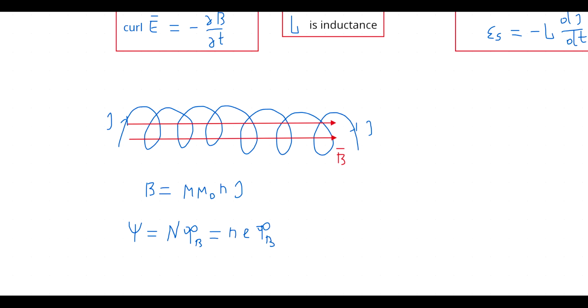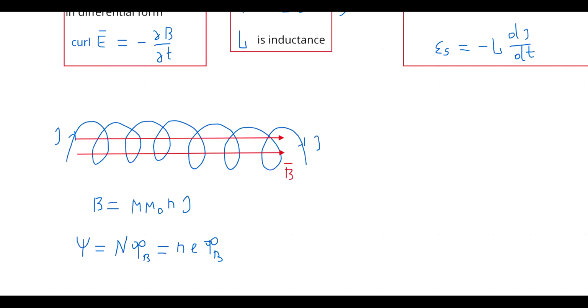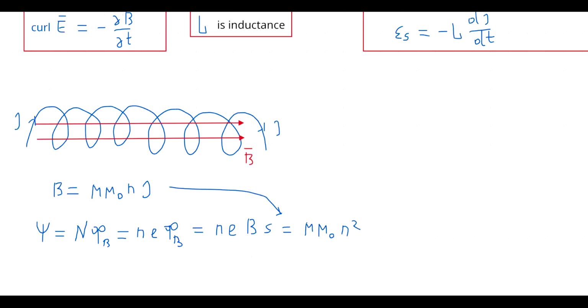But we know that this phi B magnetic flux is equal to this integral, but in this case the field is homogeneous, so we can just write that it will be N B S, and it will be equal to mu 0 n to the power of 2, I S l.